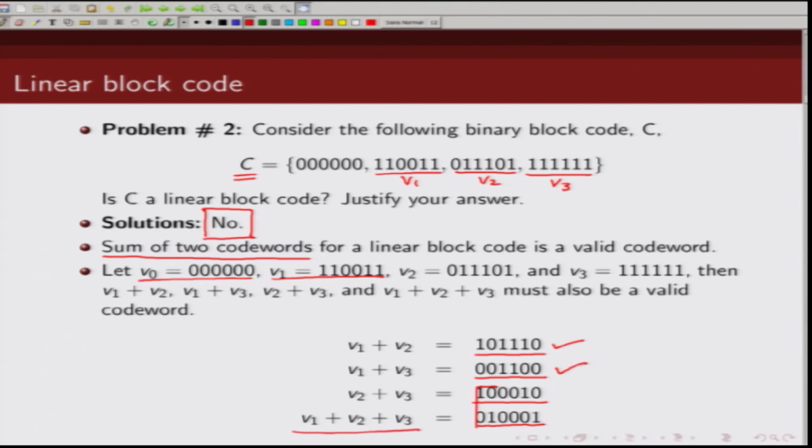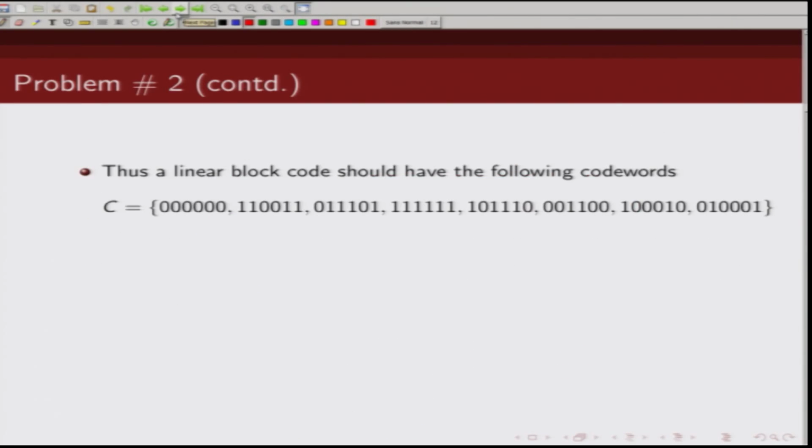Now, none of these sums are there in this block code. So, if we add them to this set of code words, then our block code C will become a linear block code. What do we need to do?